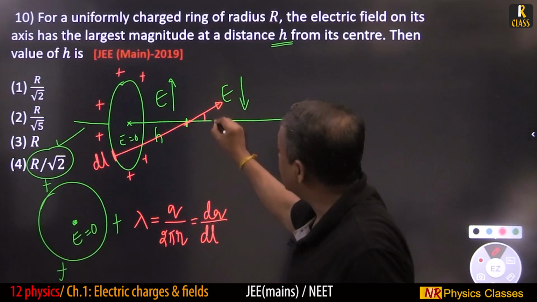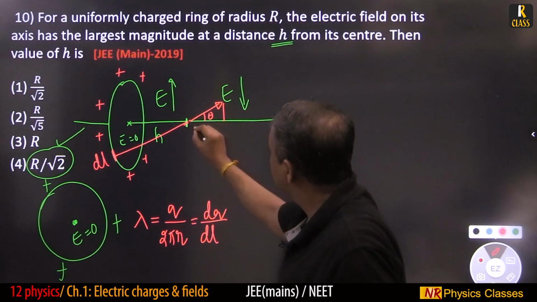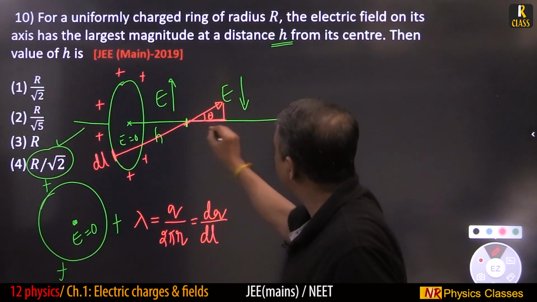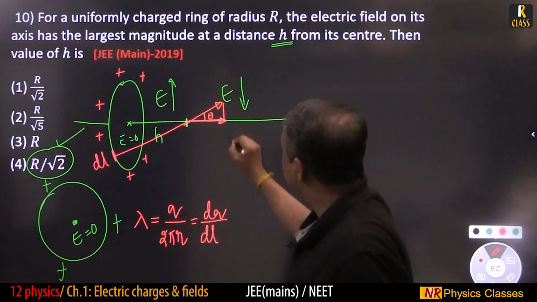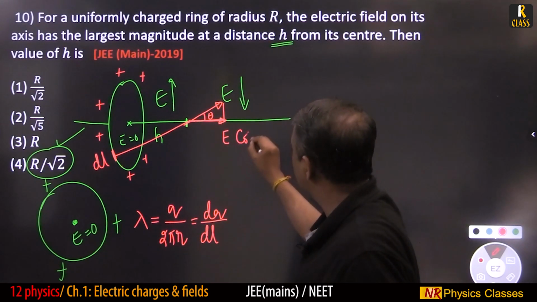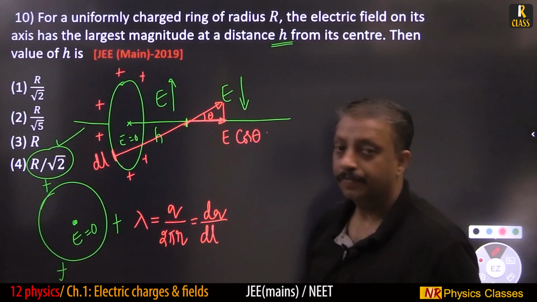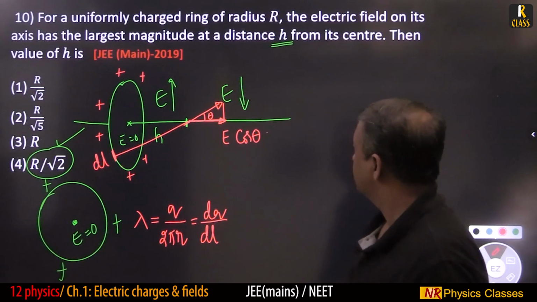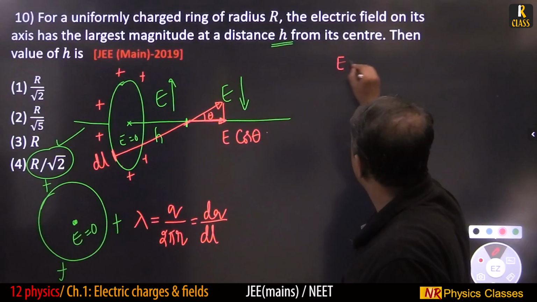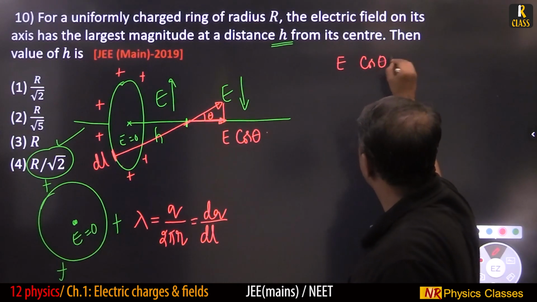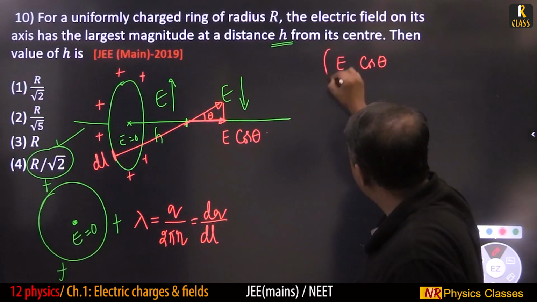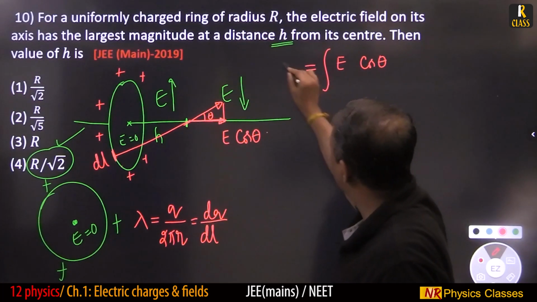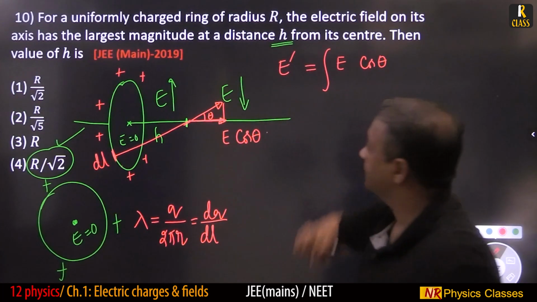Let this be theta. We understood that only the perpendicular component matters. So this component is E cos theta. Integration of E cos theta gives the total electric field E dash.